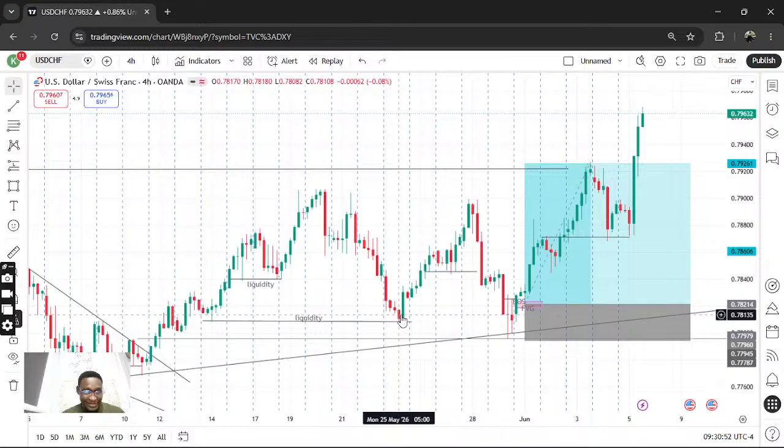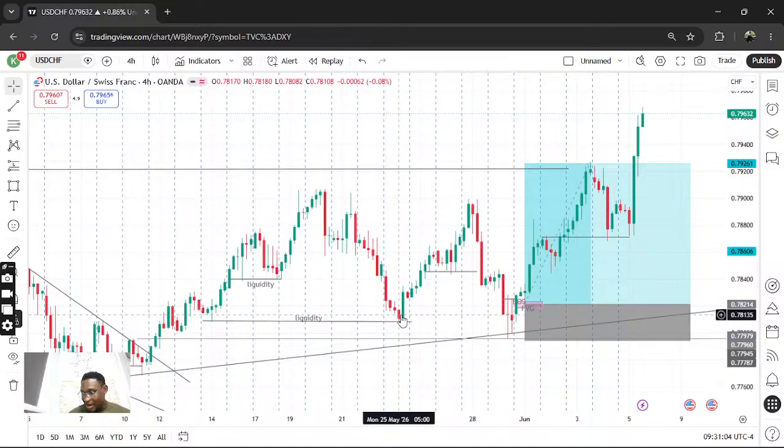As a trader, you don't just come out in the market and say, I'm waiting for an order block or I'm waiting for a fair value gap. You need to have enough knowledge of the market to be able to trade like a professional.